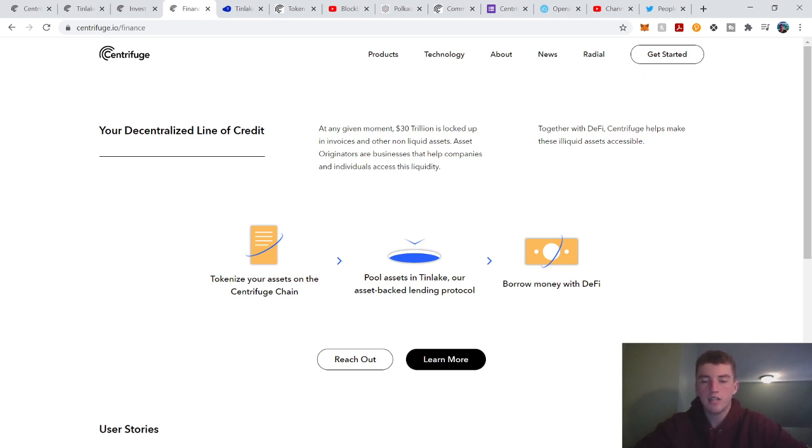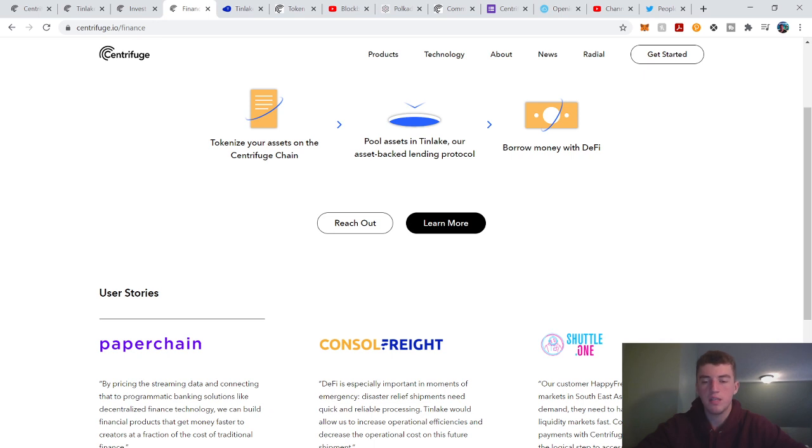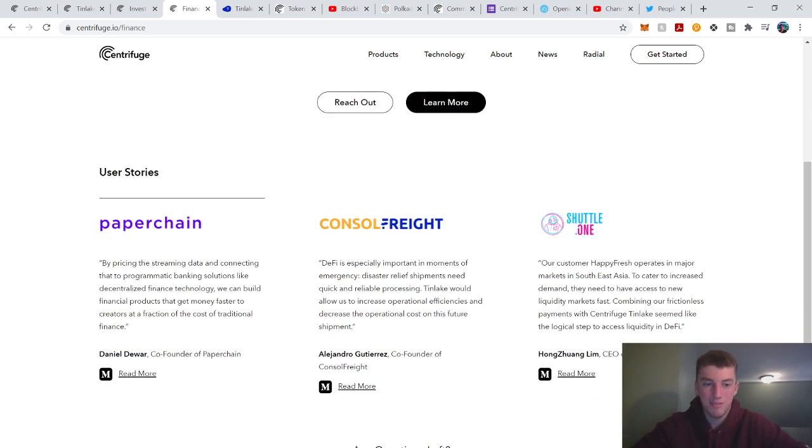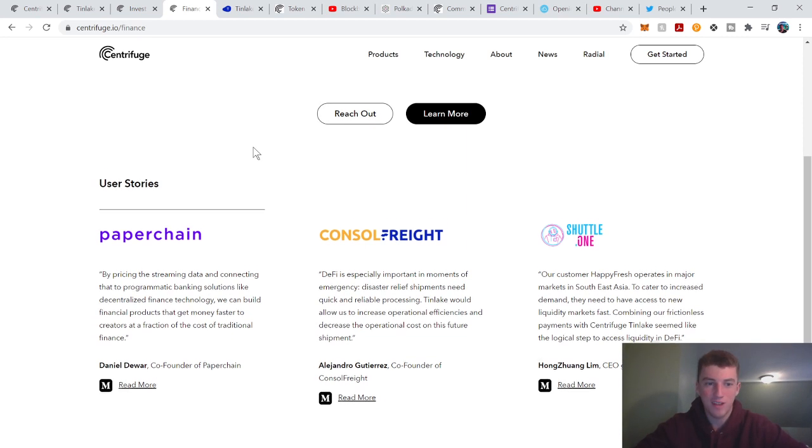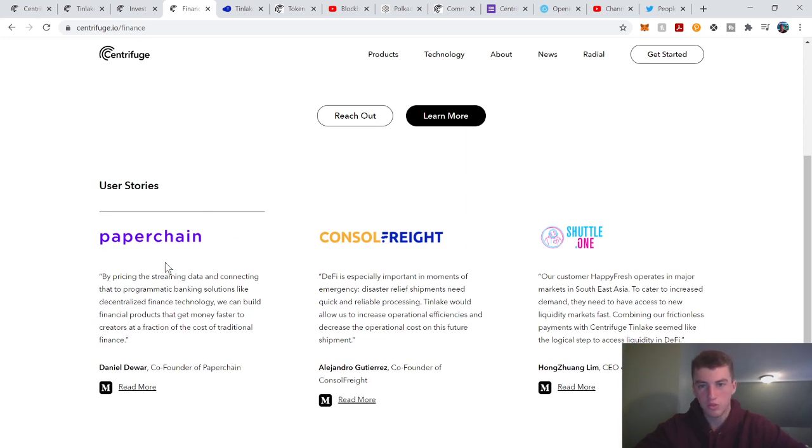So basically any company that wants instant liquidity can use Tinlake and Centrifuge. So that's why they would use their P2P, business-to-business protocol, right? And that's essential for Centrifuge's success, because if no businesses use it, that's an issue, because that's what they're here for, right?